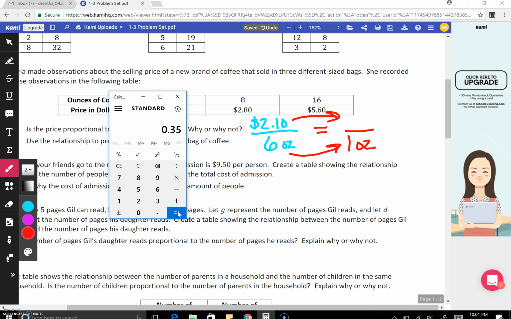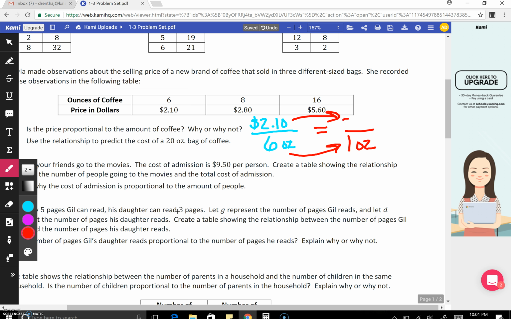We're going to get 35 cents an ounce. You have to check it now for the other 2 quantities of coffee, the 8 ounce and the 16 ounce. And if they all come out to 35 cents an ounce, we are going to have proportionality.